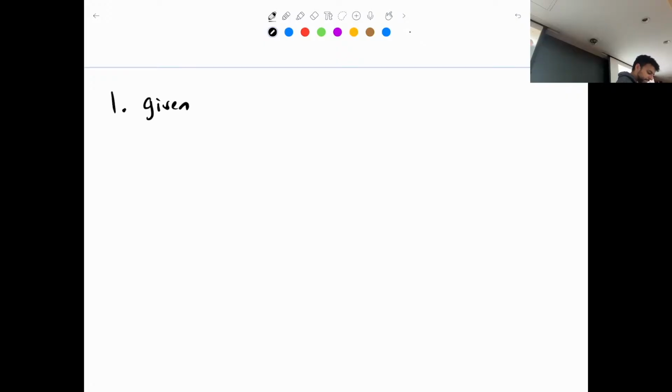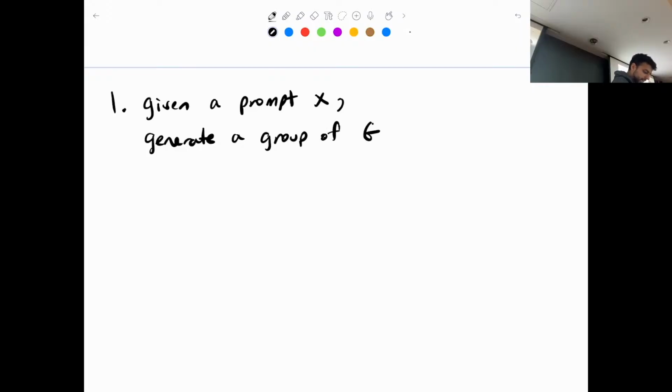So just like PPO, we are given a prompt X, but in PPO we were generally given multiple different X's, and we would generate one response per X. In GRPO, we're going to be given one X, and we are going to generate a group of G different responses.